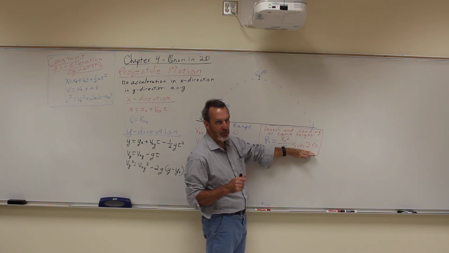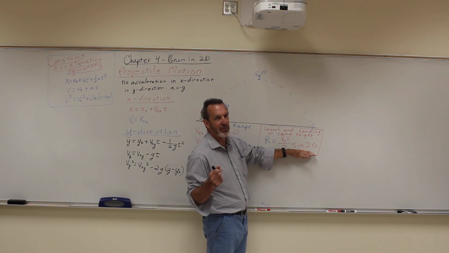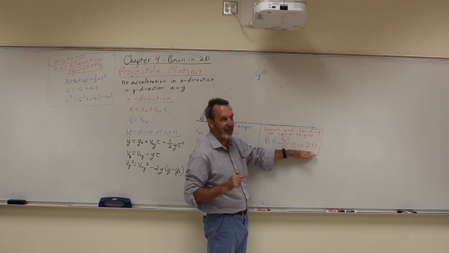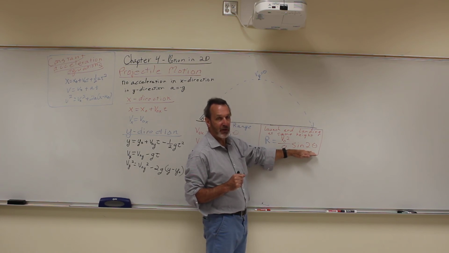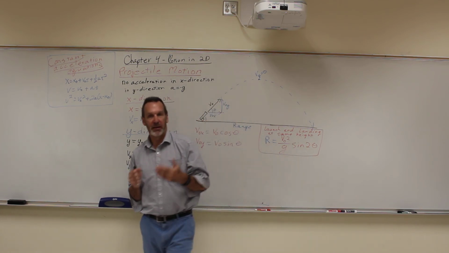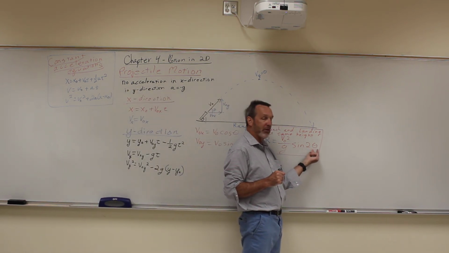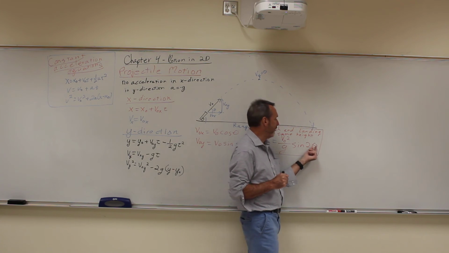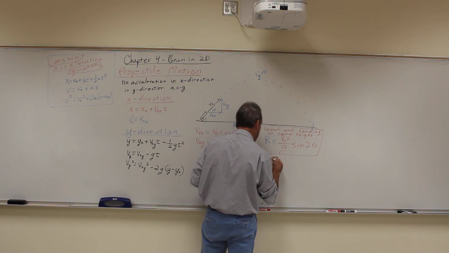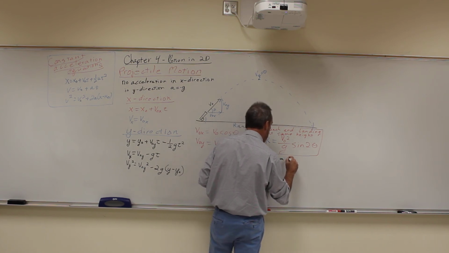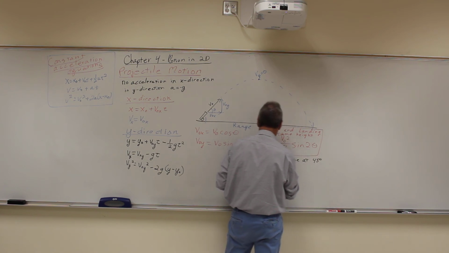Sine and cosine can never be bigger than 1. So the biggest that could ever be is 1. And that occurs when the sine is equal to 90 degrees. But here it's 2 theta, so we have to have 2 times what gives you 90 degrees? 45 degrees. So you get maximum range at a 45-degree launch angle.